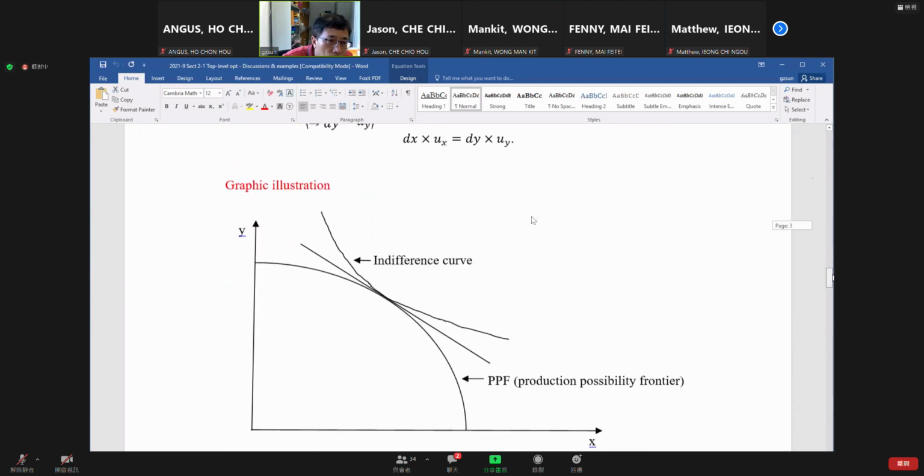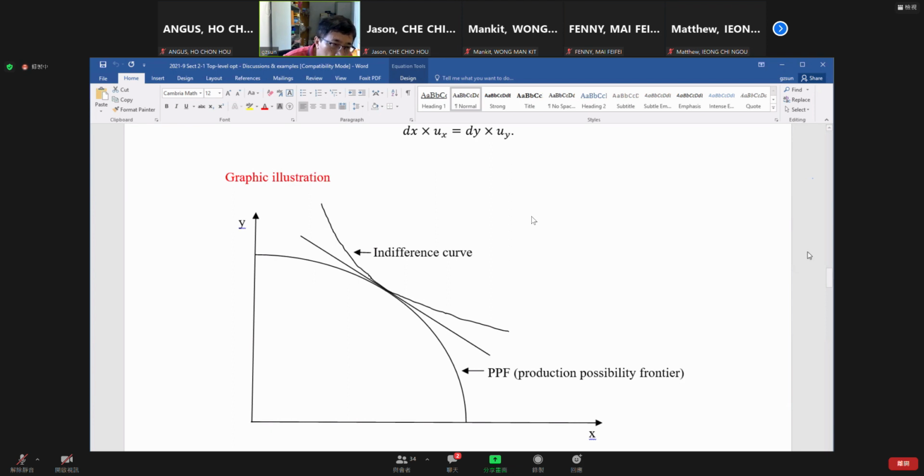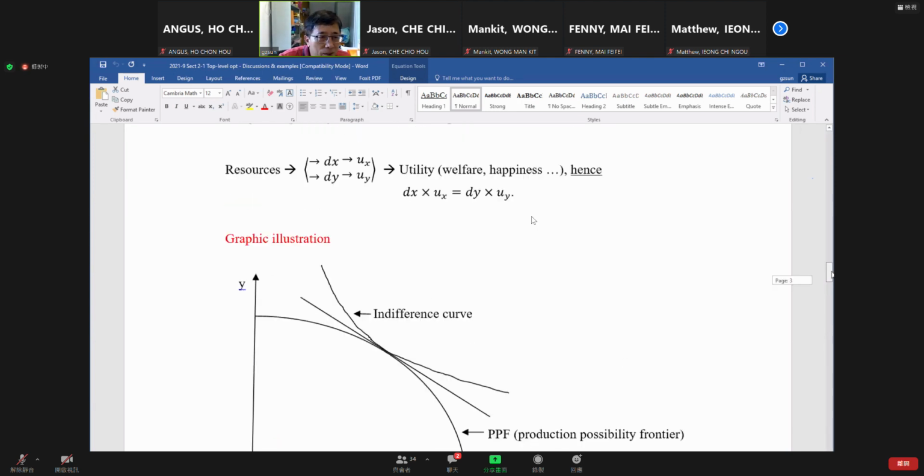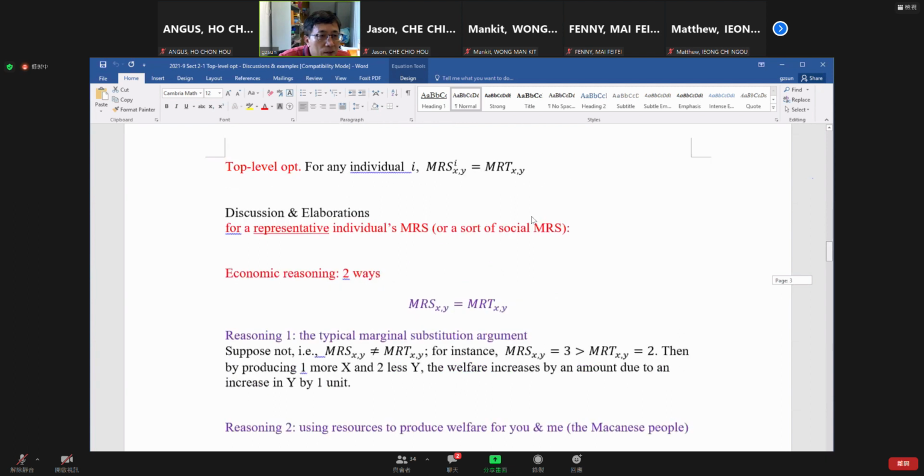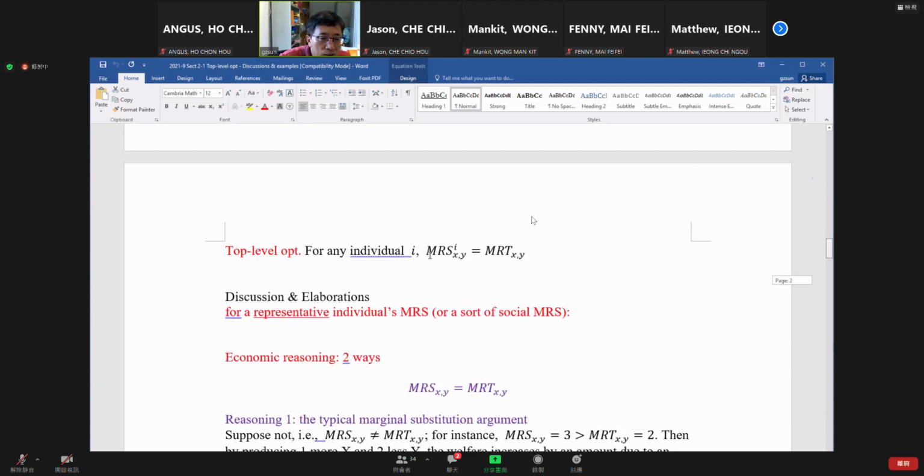For this one, I hope after this class, you will keep this figure in your mind for a while. This figure tells us a lot of things about how we economists, we stupid economists, can understand the economy. And now, let me start from this golden equation.